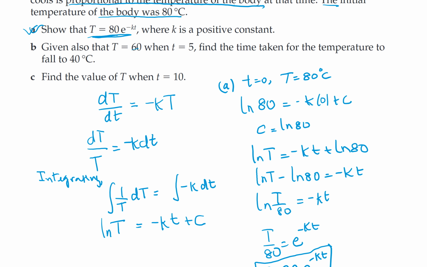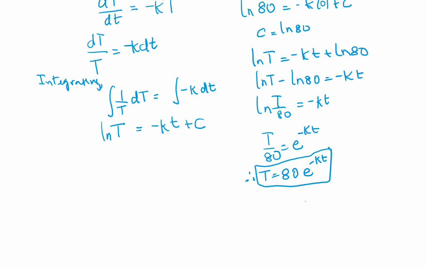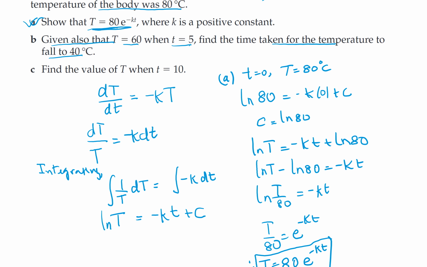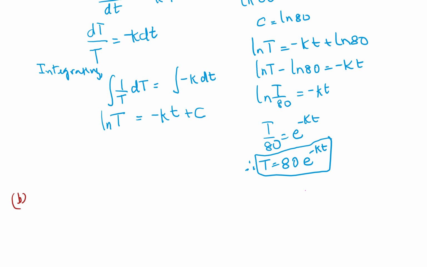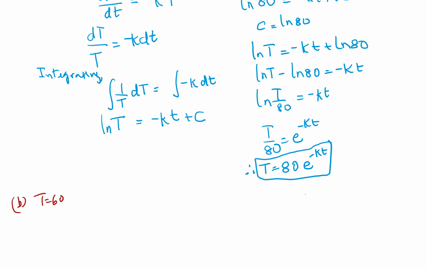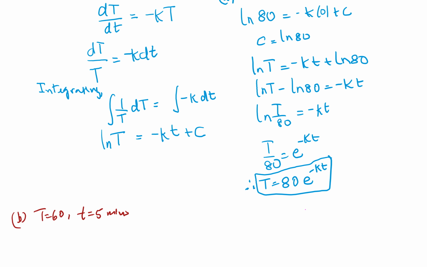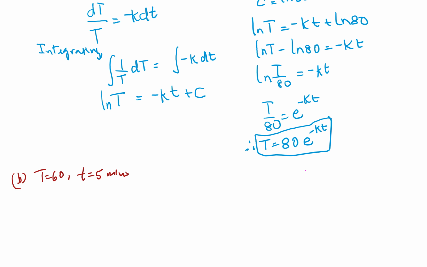The next bit is saying, given also that T is 60 when t is 5, find the time taken for the temperature to fall to 40 degrees. So for part B, T is 60 and time is 5 minutes. Using this I can find k.